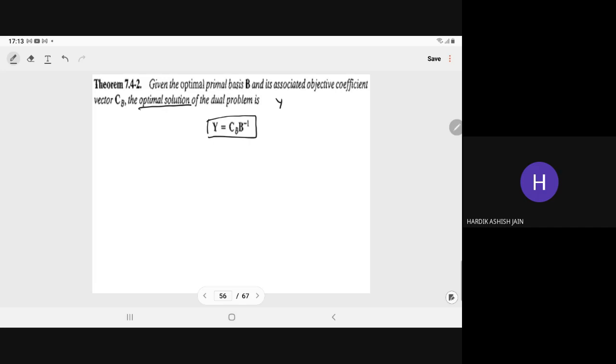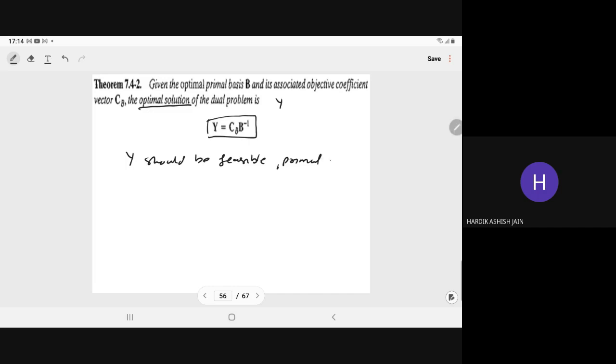For the optimal solution, first it should be feasible. This y should be feasible. And what is y? y is the dual variable. The dual variable is feasible when the primal is optimal.